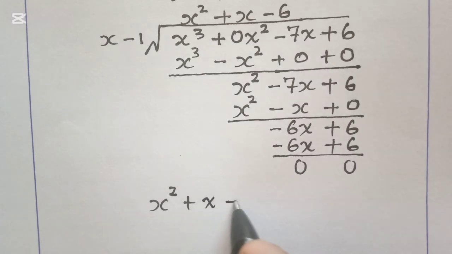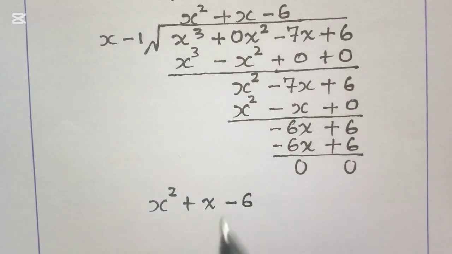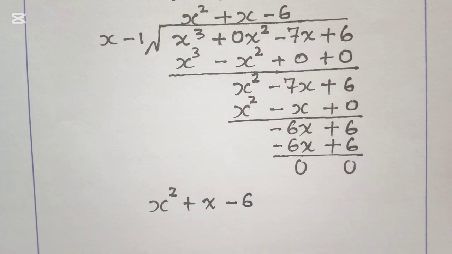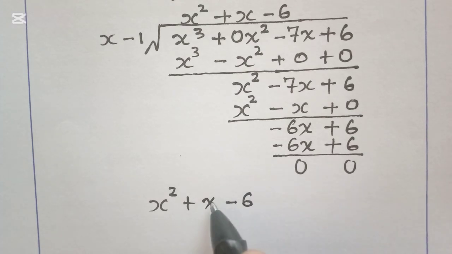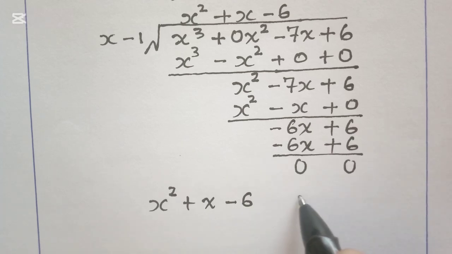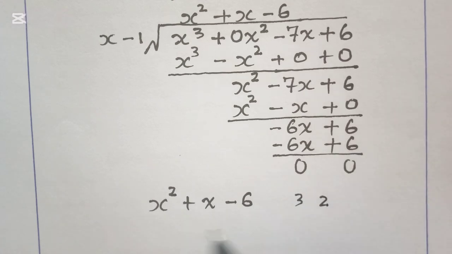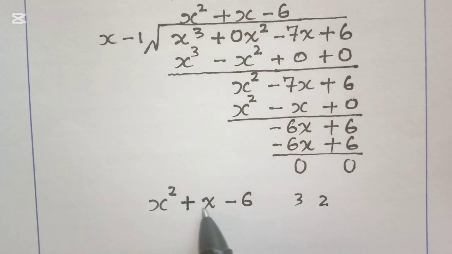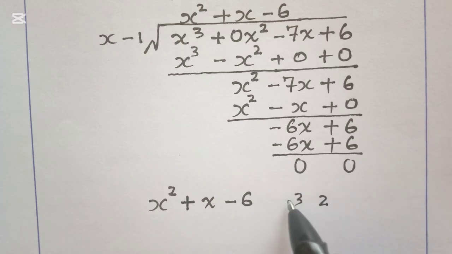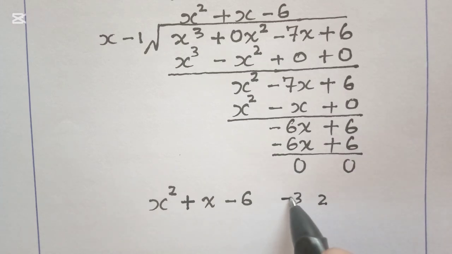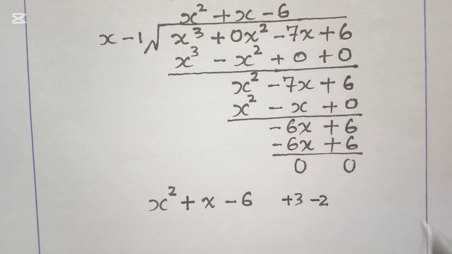So we solve this equation, guys. We can look for two numbers. If you multiply them, you get negative 6. If you add them, you get positive 1. So those two numbers are 3 and 2. And because this is positive 1, then the 3 is going to be positive and the 2 is going to be negative.